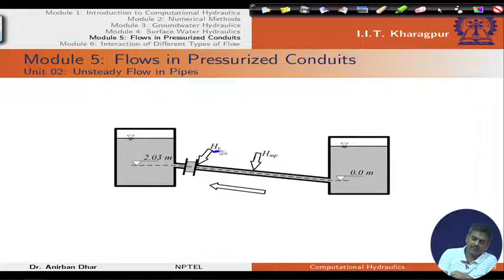This is at the valve and this is at the midpoint. This is one unsteady flow in pipe problem, and it is an important problem for flows in pressurized conduits.